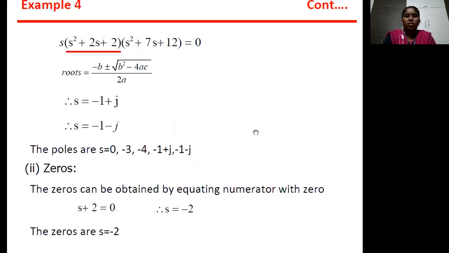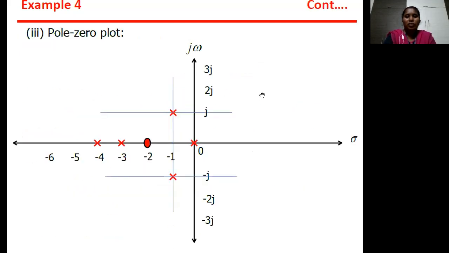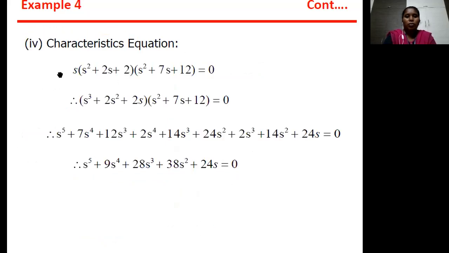So here what is the denominator of the transfer function? That is s into (s square plus 2s plus 2) into (s square plus 7s plus 12), right? So I have to equate this with 0. By equating this with 0, I can simplify this equation as shown here. Here I am multiplying the s directly with the first term.